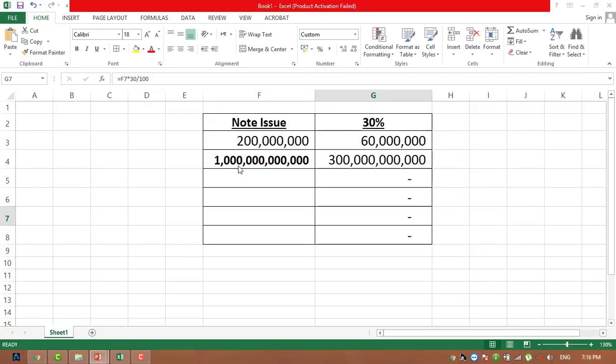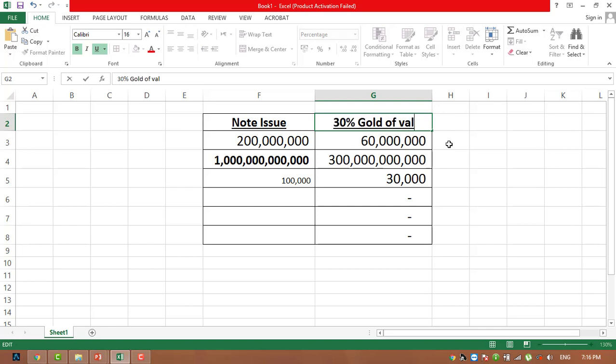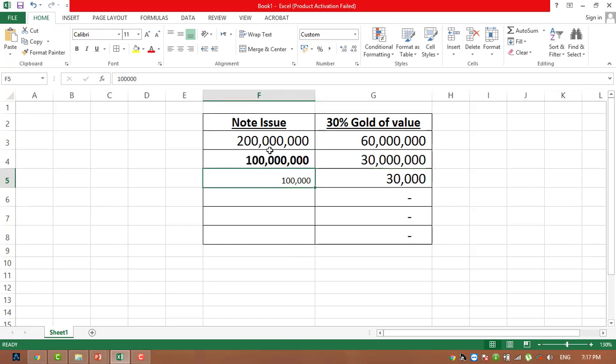Over here, for example, let's say the government is issuing 1 lakh rupees of notes. Then, if it's a 30% reserve, the government needs to keep 30% gold of value. That is 30,000. Please have a look over here. If the government is issuing 100 million notes, then the government needs to keep a reserve of 30 million.